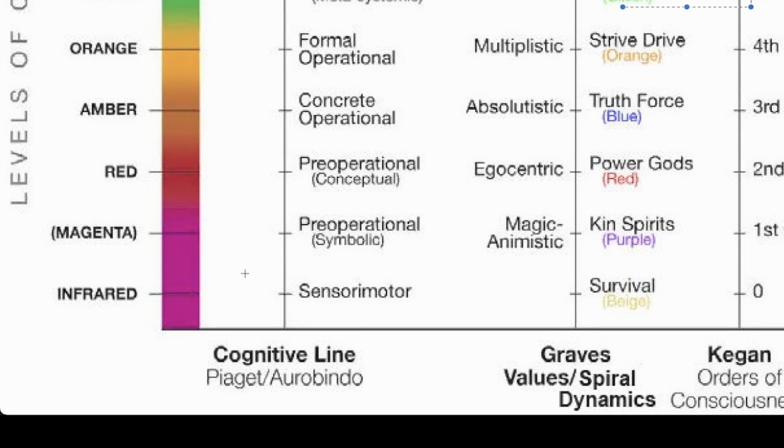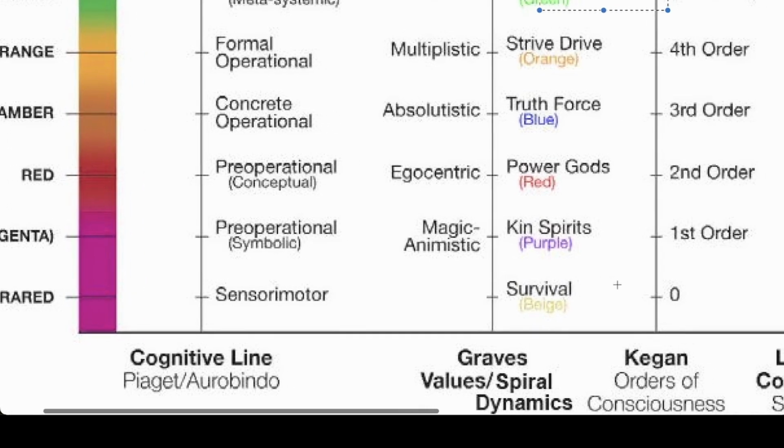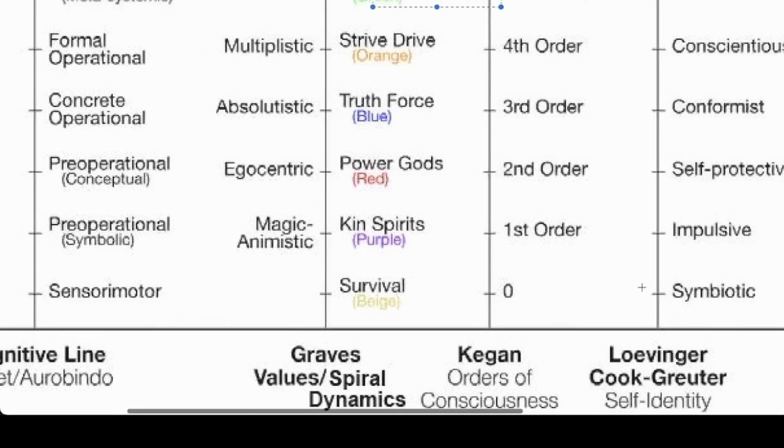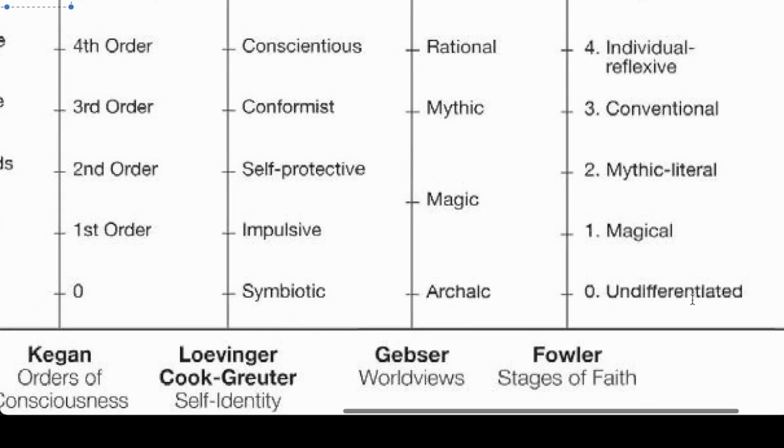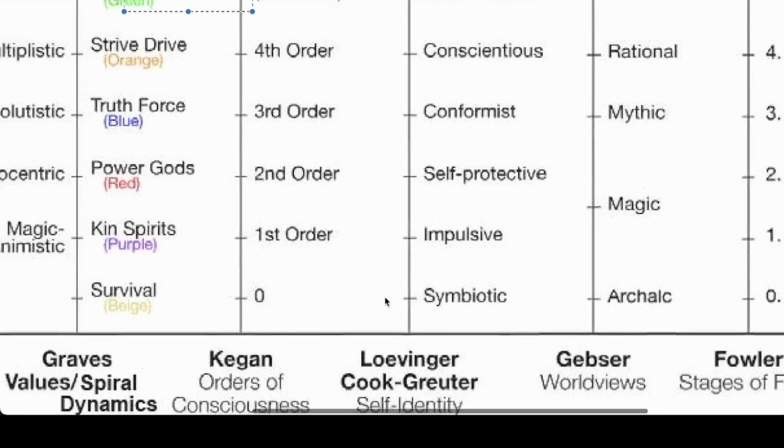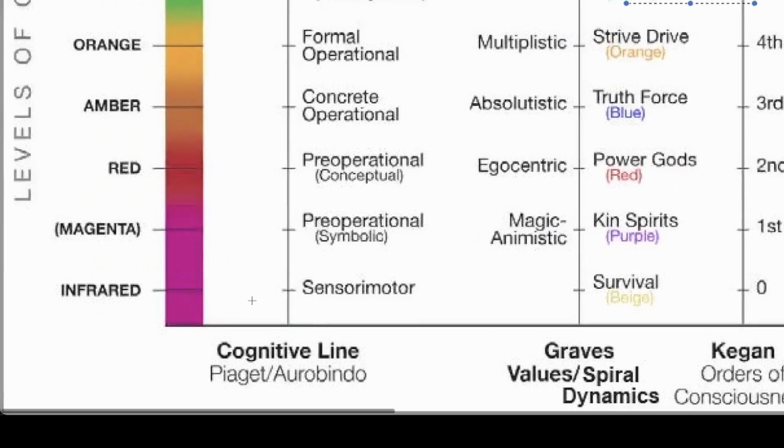Let's talk about the early stage, the most basic stage, infrared. Sometimes you'll see the color crimson, but these are almost pre-colors, light spectrum colors stages. The other names for this stage are sensorimotor, survival, level 0 order, symbiotic, archaic, undifferentiated. And these all mean something once you dive into this.